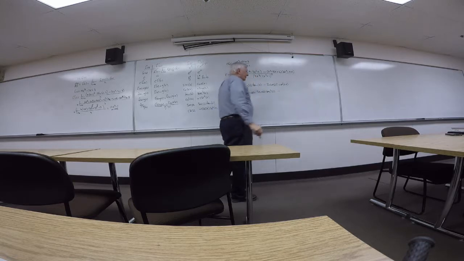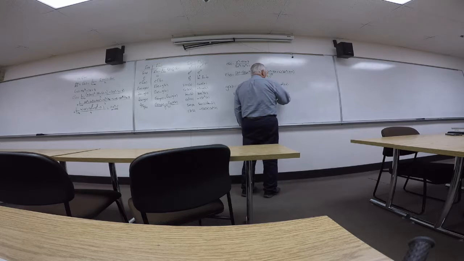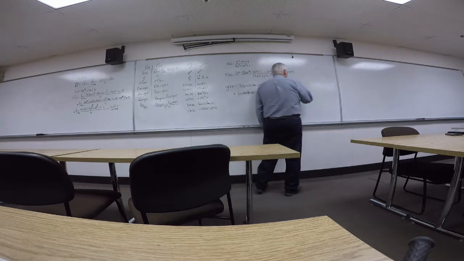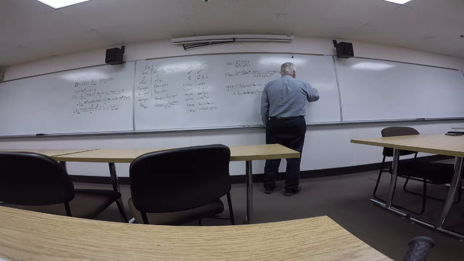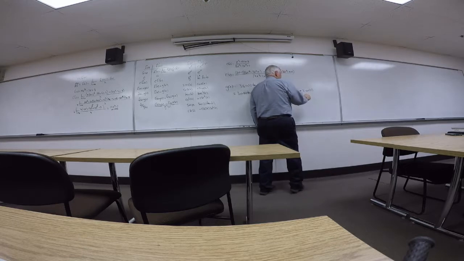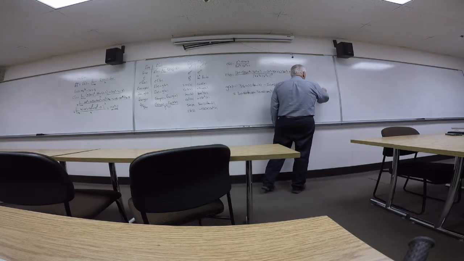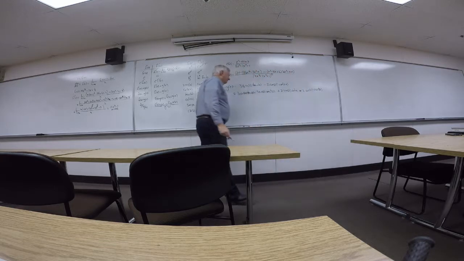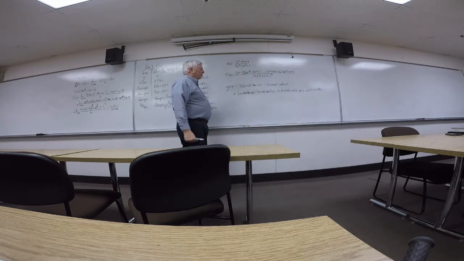Subtract 2 times derivative of cosine, oh, that's minus the sine, so I'll change the sign there, times cotangent of x. Subtract 2 times cosine x times derivative of cotangent, but derivative of cotangent is minus the cosecant squared of x. So you end up with 4 terms in the derivative.